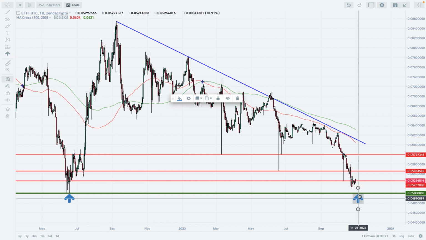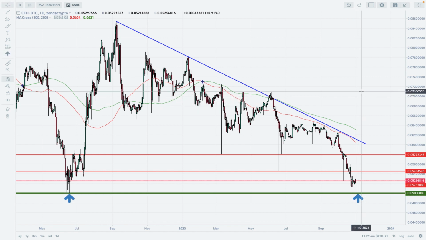So whether the bulls will be strong enough to defend this level, whether the bulls will even try to defend it, or maybe we will just break it with a very vicious force. A very dynamic market sell-off might happen as well, maybe in the form of these pin bars here, which are very popular in the Ether to Bitcoin.